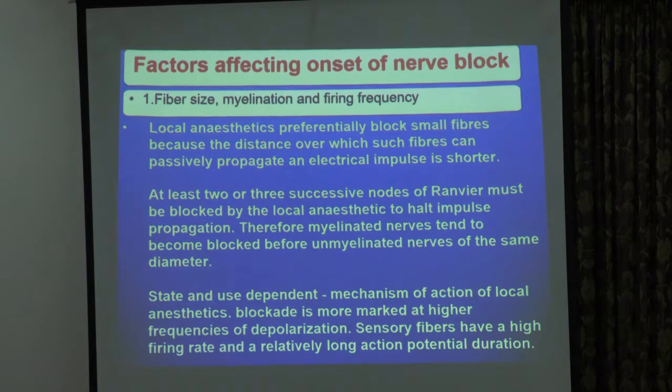Small fibers are usually blocked easier compared to bigger fibers. In other words, if you have a very thick nerve, it's difficult for local anesthetics to block it early compared to smaller fibers. Because with smaller fibers, the local anesthetic can easily move from one end of that small nerve to the other and block it completely, compared to a bigger nerve.